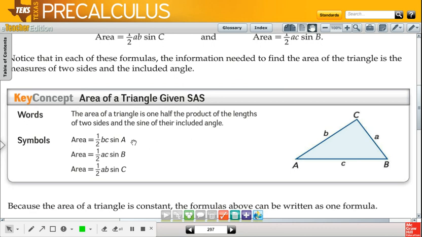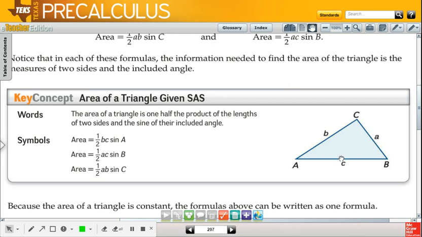So you set it up according to how you label your triangle and the information given to you. Does it mean you have three answers? Not really. It just depends on how you label your triangle.